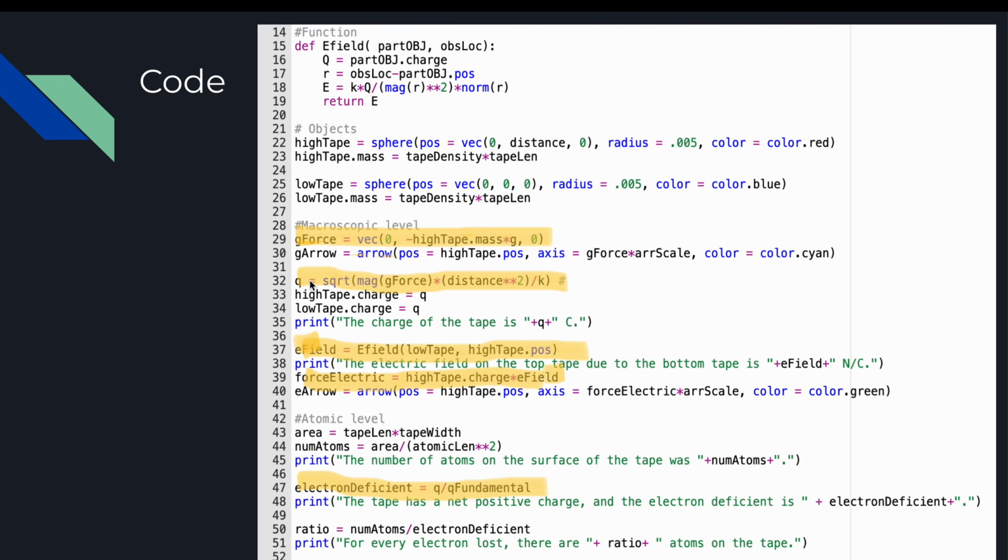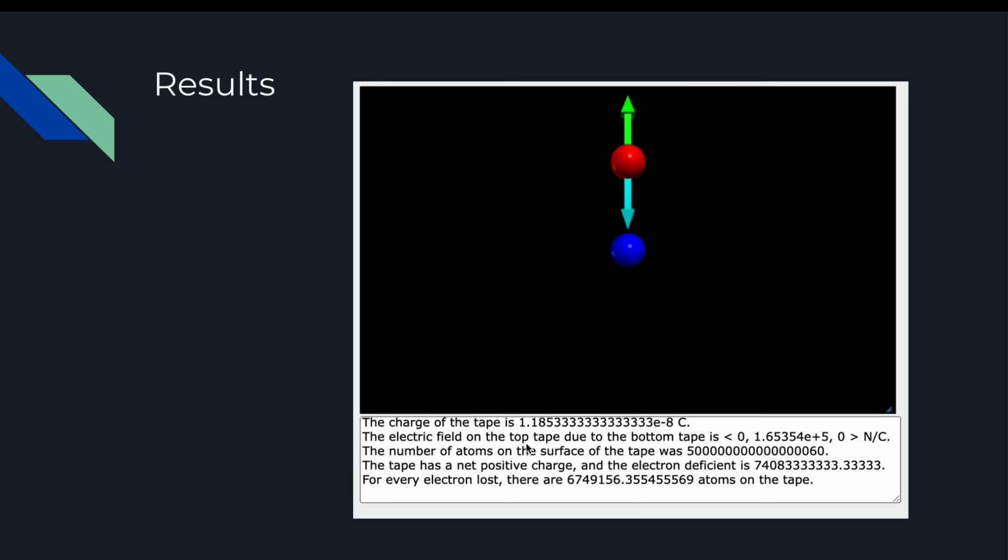And then like I showed you in the work before, this is just the equation to get the charge. And then for the E field, we use this function to get the E field. And then the force of electric is just going to be the E field times the charge. So it's just an implementation of my calculations before.